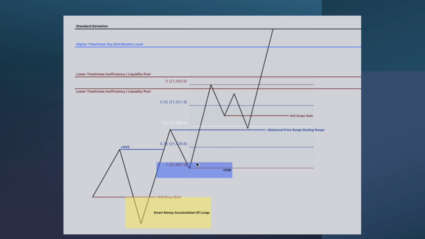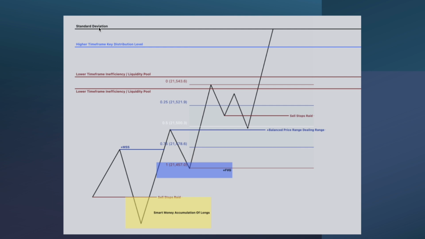This is just a retracement back into a discount or an equilibrium price point. And usually this is some form of a fair value gap, and then the market is going to continue higher with speed using order blocks inside of this expansion towards this high, and eventually towards this standard deviation.